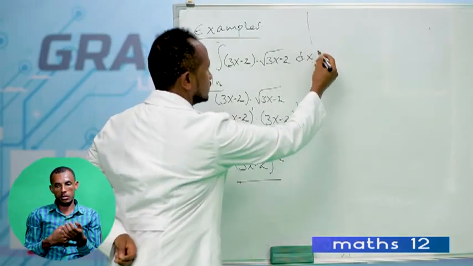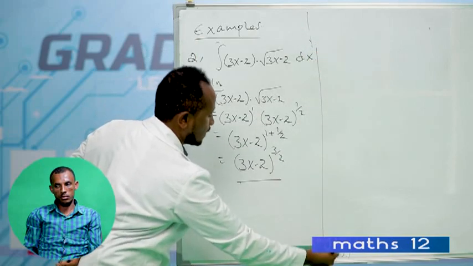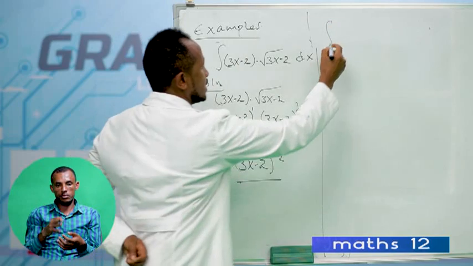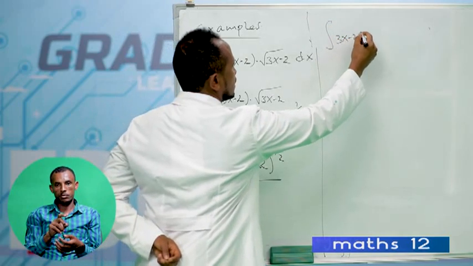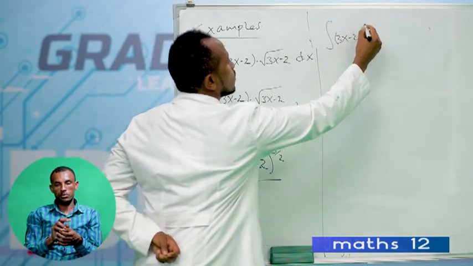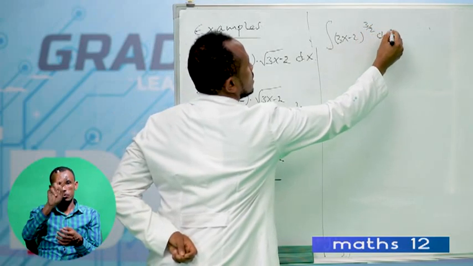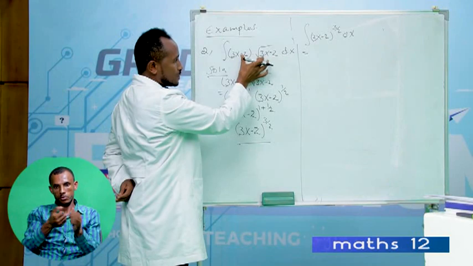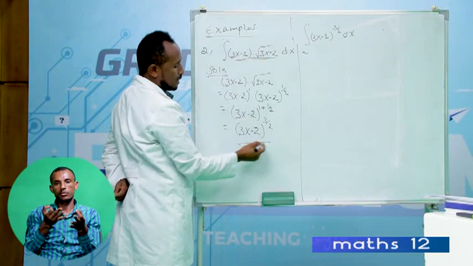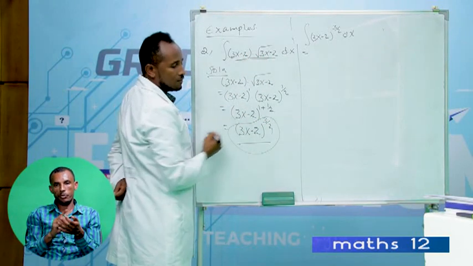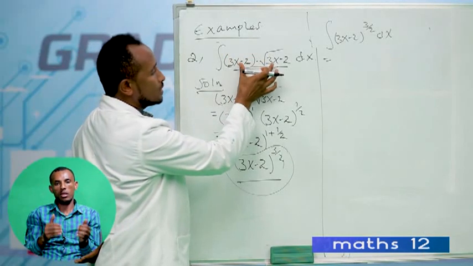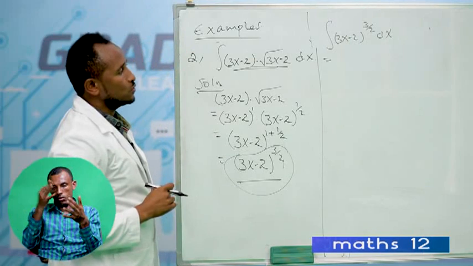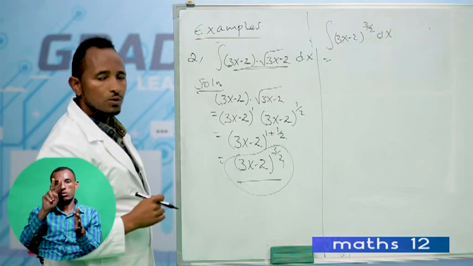Therefore, the integration of (3x - 2)^(3/2) dx is equal to, remember, I changed this expression by this one since they are equivalent. Therefore, the integration of this expression means the integration of (3x - 2)^(3/2).